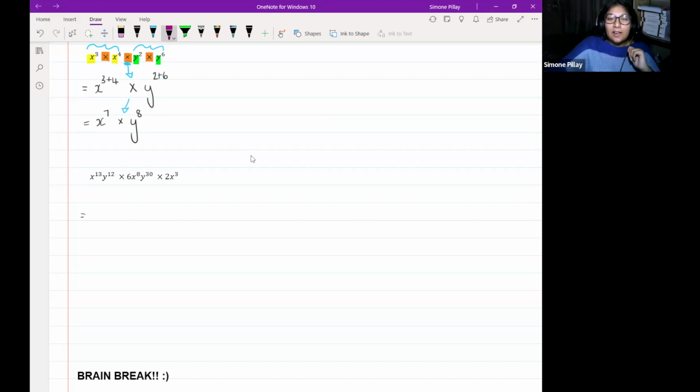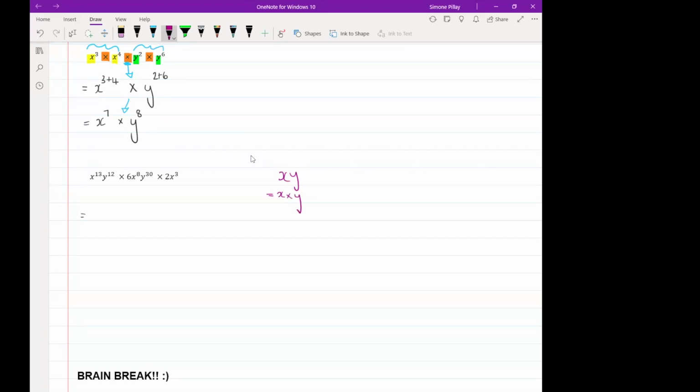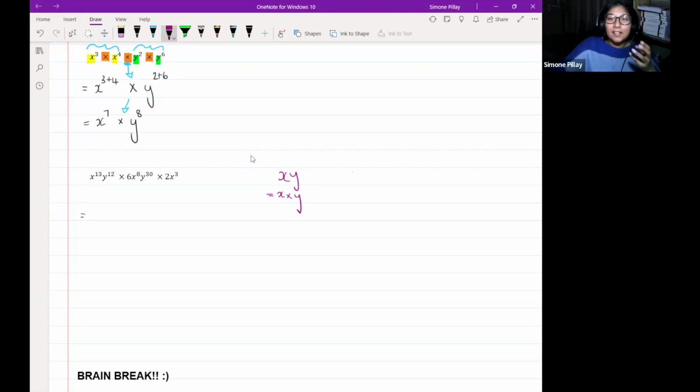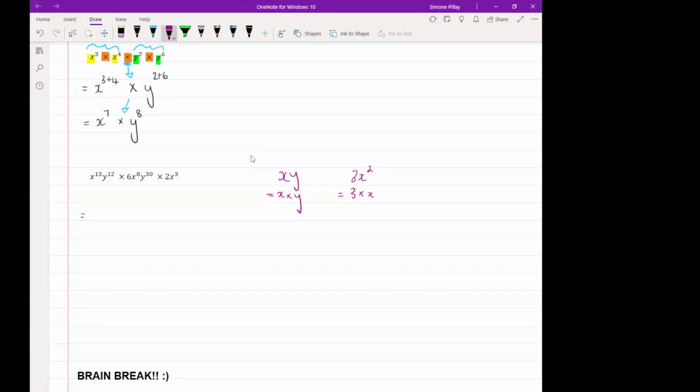Think about when we have something like xy. What does that mean? Doesn't that mean x times y? Yes, ma'am, it does. And think about when we have something like 3x squared. What does that mean? That means 3 times x squared.